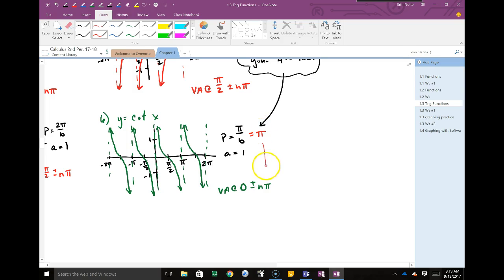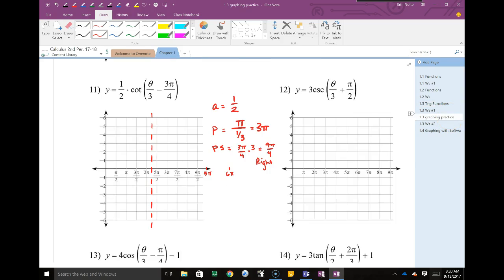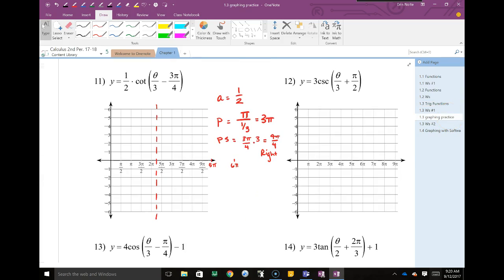So if we think of this in direct relation for how often we see vertical asymptotes, do you see how on a cotangent and a tangent, you would see a vertical asymptote whatever your period is, the distance of your periods? That makes sense? Okay, so using that idea, I can now go back and say my period is 3 pi. So that means I'm going to have a vertical asymptote every 3 pi units.